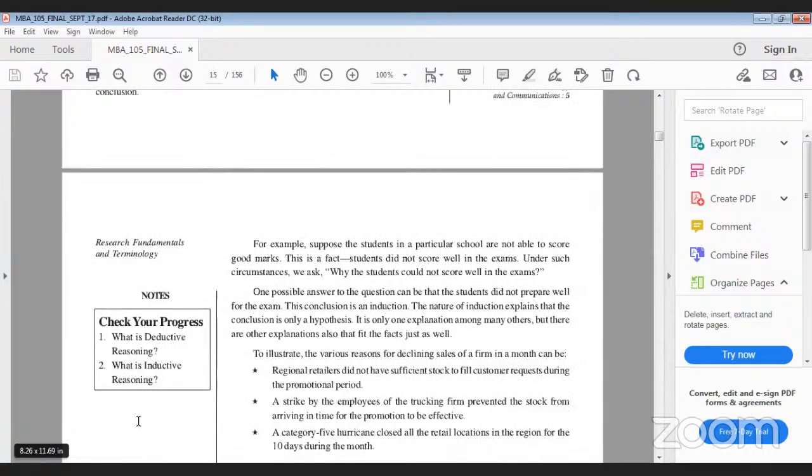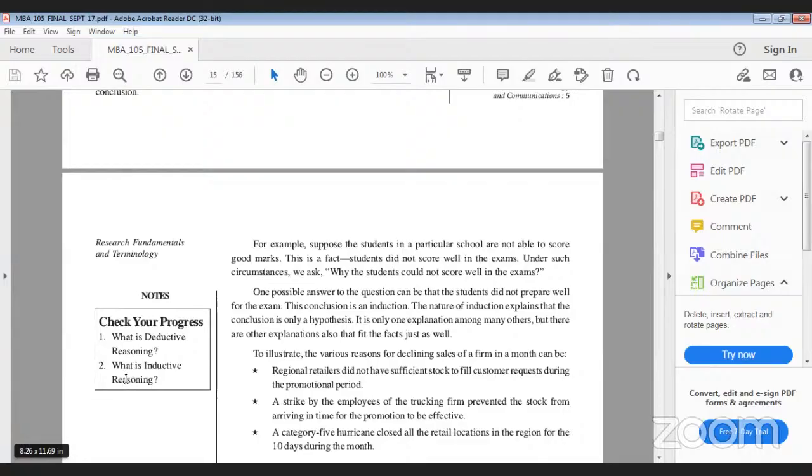For example, suppose the students in a particular school are not able to score good marks. This fact, that students do not score well in the exam, raises the question of why the students did not score well in the examination.